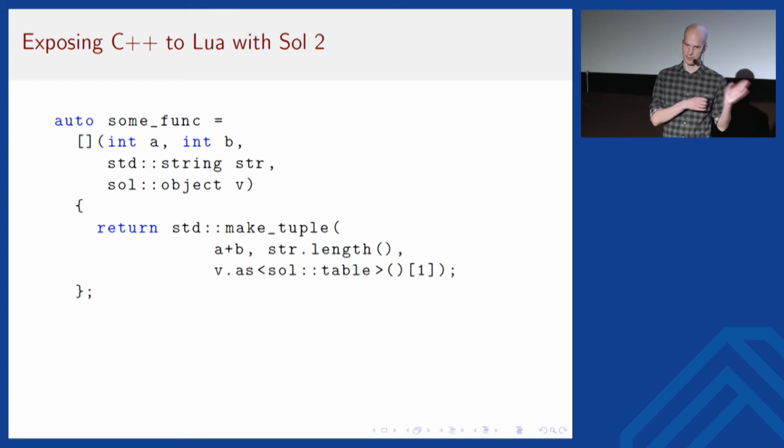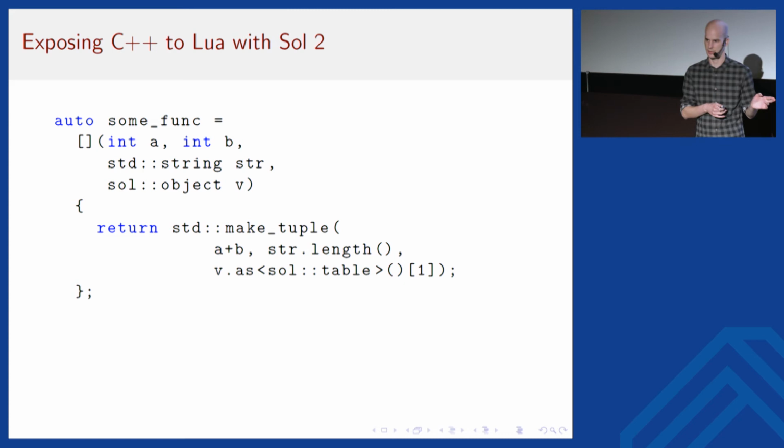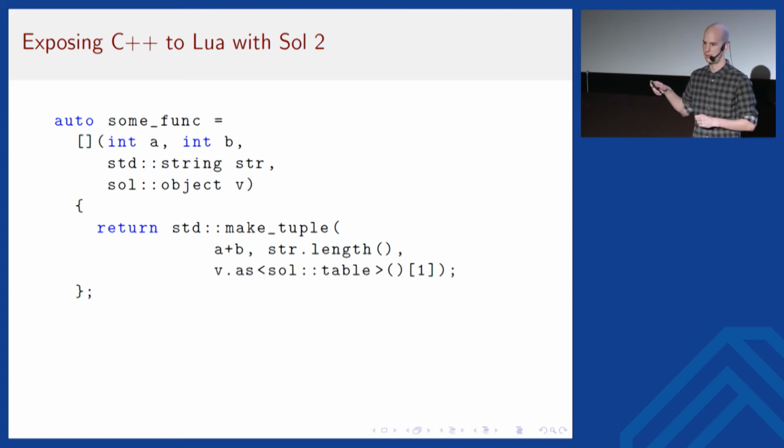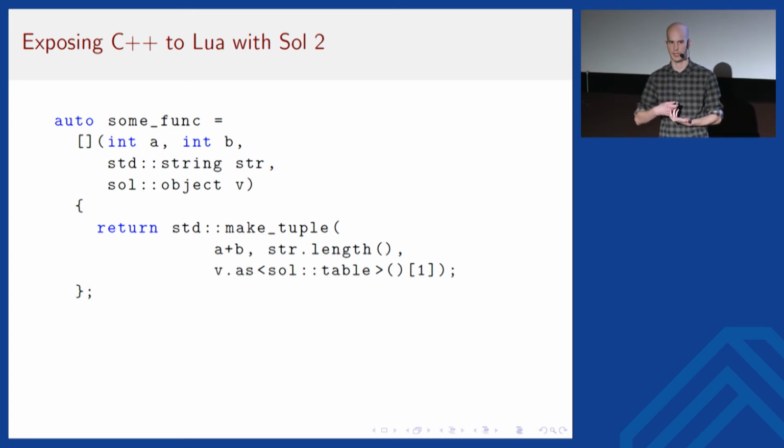Now, the way that we just saw was actually the easy way, just calling a Lua function from within C++, but where Sol really shines is if we go the other way, if we actually have a C++ function that we want to make callable from within Lua.